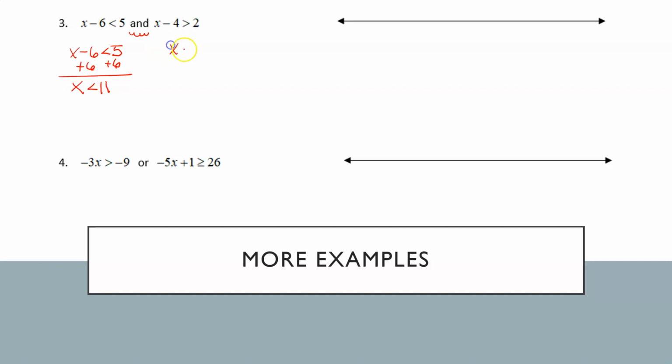And then this one, x minus 4 is greater than 2. So x is greater than 6. And since this said it was an and, like I said, you're usually not going to see that written. But let's graph this one. So I'm going to start with a 5 here.